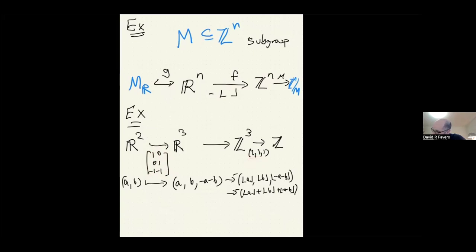This M was again quotienting by e_i equals e_j, which is represented by these columns. Then I would get this map. So (a, b) is going to ultimately go to negative the floor of a, the floor of b, plus the floor of negative a minus b. All right, so I'm just calculating what this thing is, and I've maybe put in some random stuff. Let's see what comes out.